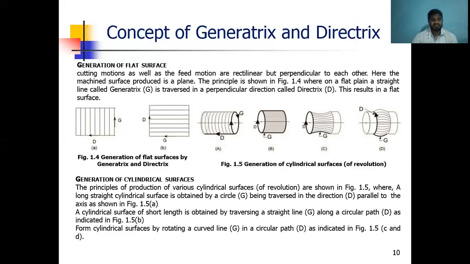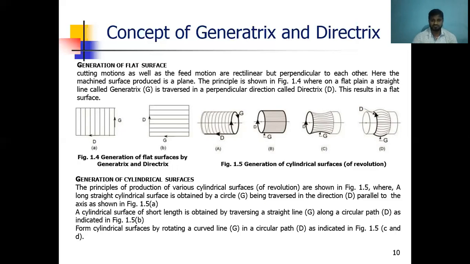In this, the principles of production of various cylindrical surfaces. Cylindrical surfaces are nothing but what we already discussed earlier about turning and drilling.